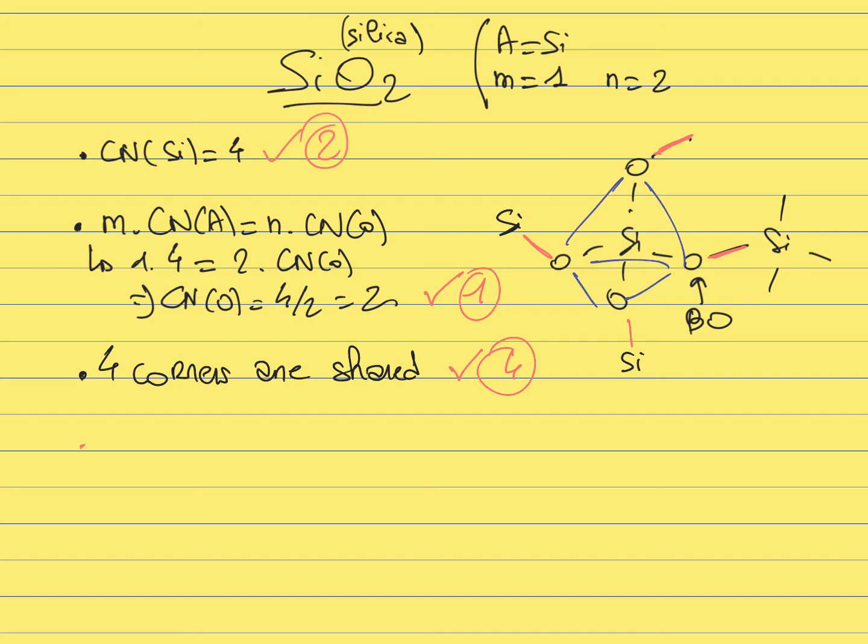Then the last rule of Zachariasen to check is, are the cations sharing corners, edges, or faces? And here, if you want to check this rule, the question should not be, is it possible that 2 silicon atoms could share some edges or faces? The question here is, can you draw an atomic structure where you can avoid the formation of edges and faces?